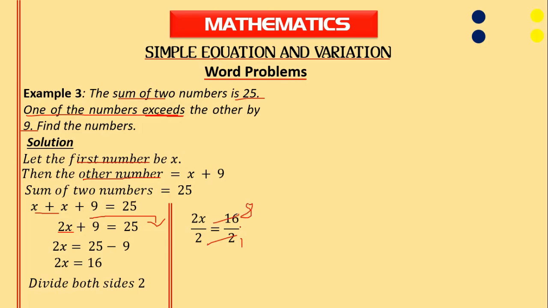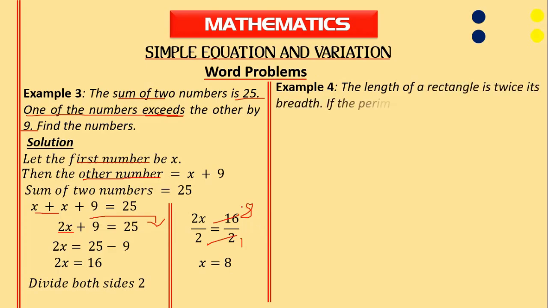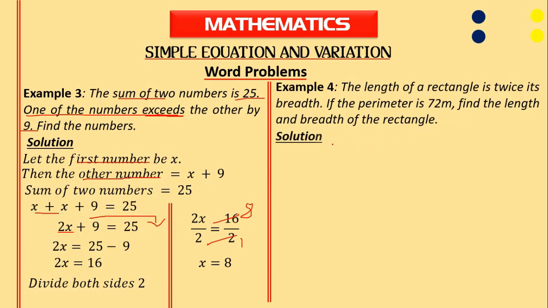Now, let's take a look at another question here. The length of a rectangle is twice its breadth. If the perimeter is 72 meters, find the length and breadth of the rectangle. Okay, now looking at this question, of course, a lot of factors have been provided. Length is twice its breadth.